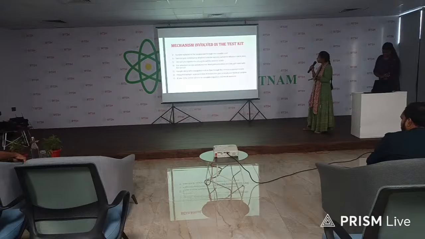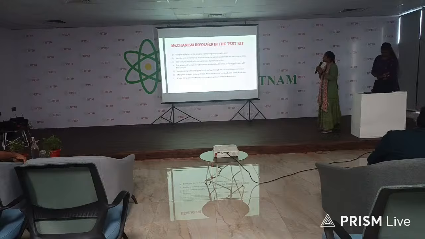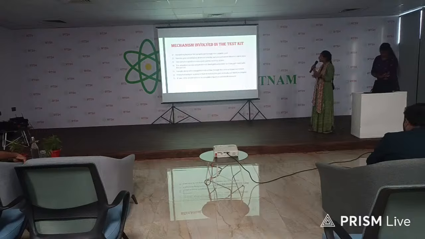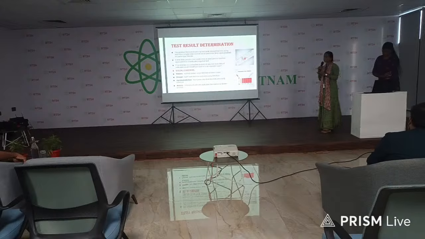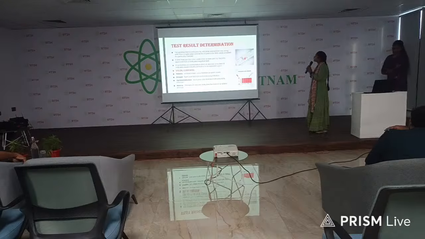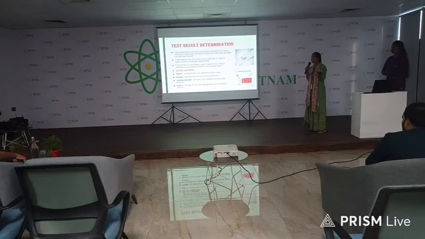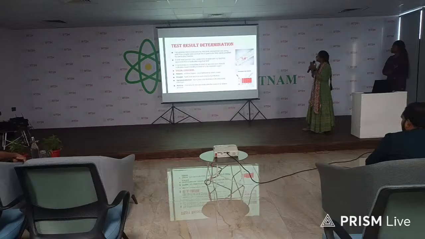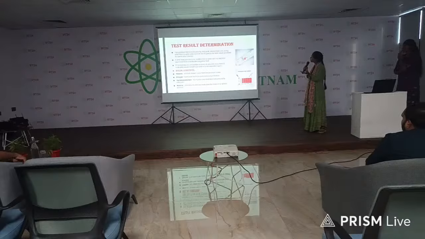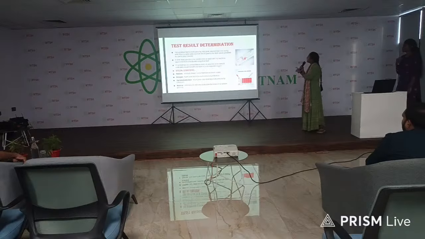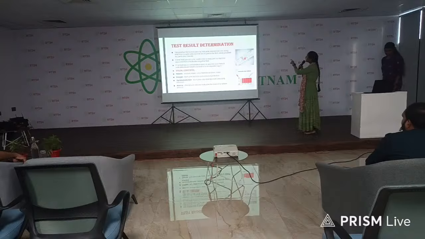The sample migrates to the conjugate pad by capillary action. The absorbed sample rehydrates the dried gold antibodies and gets mixed with the sample. These gold antibodies are useful for color detection, whether positive or negative. The sample along with the conjugate mixture flows through the nitrocellulose membrane. If the targeted antigen is present in the sample, it binds to the gold antibodies and forms a complex. It takes generally 10 to 20 minutes for complete migration and result.